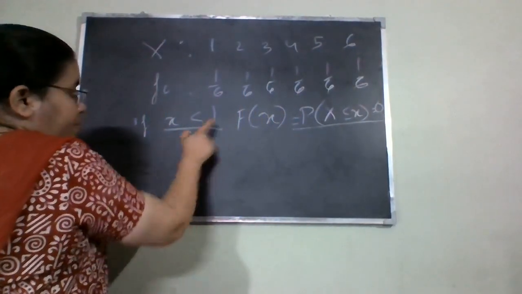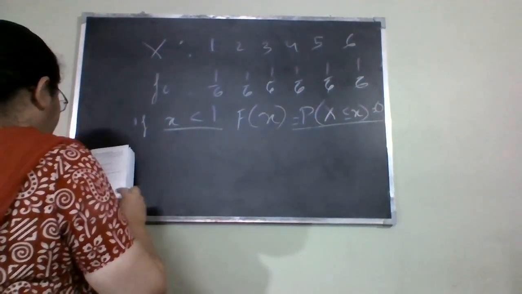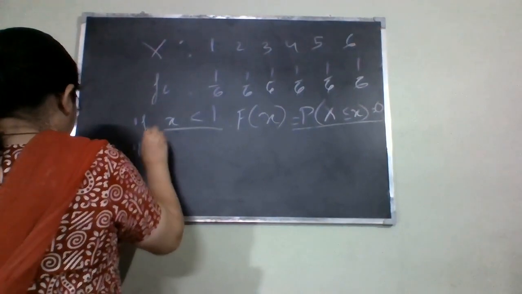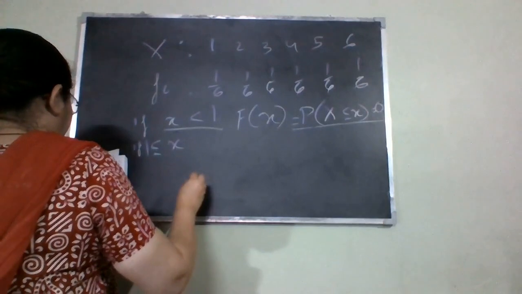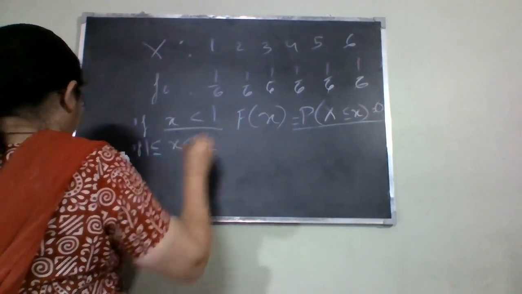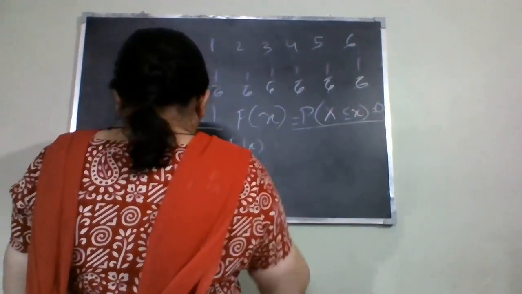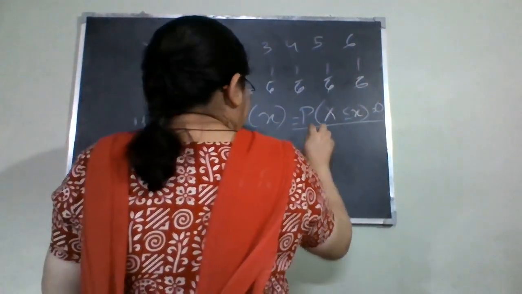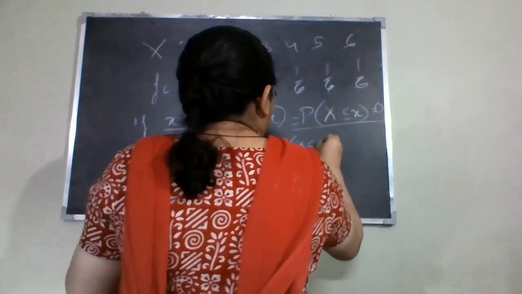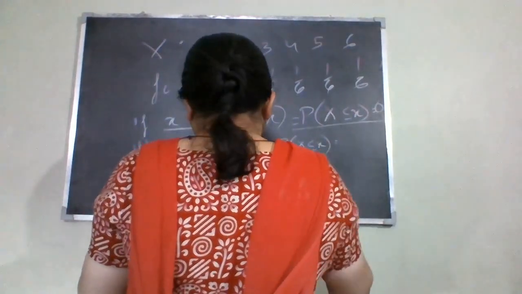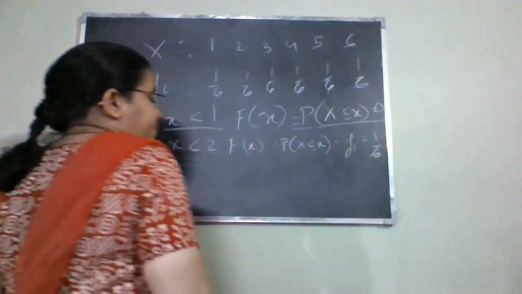Now I keep 1 in the lower bound. Let us first write down the lower bound. If small x is greater than or equal to 1 and less than 2, what will happen? F(x) will be equal to P(capital X less than or equal to small x), which is equal to f1, that is 0 plus 1/6, which is only 1/6.